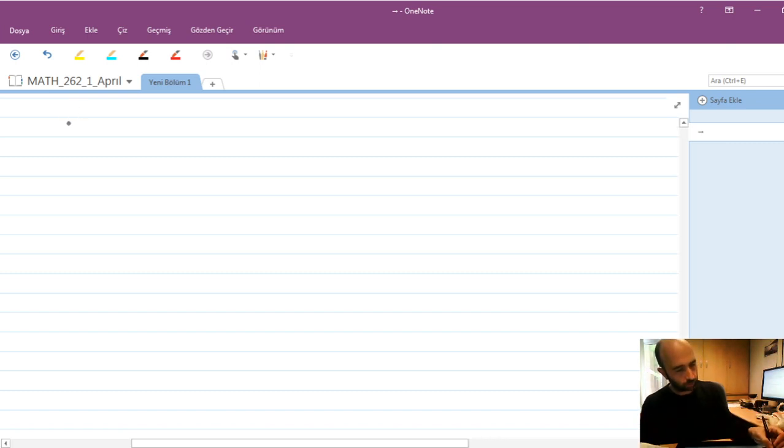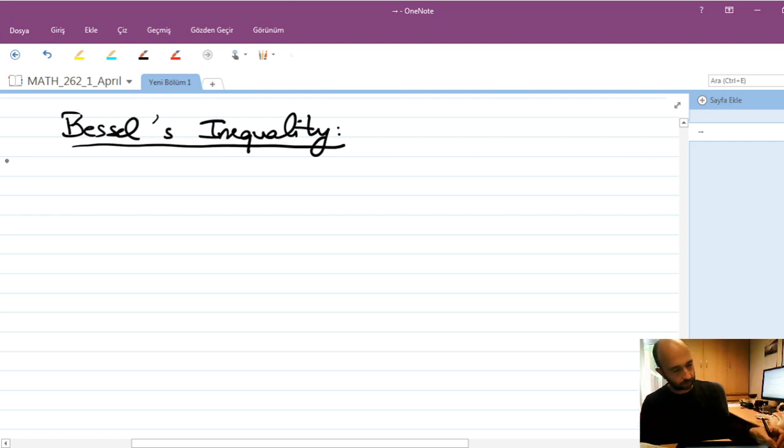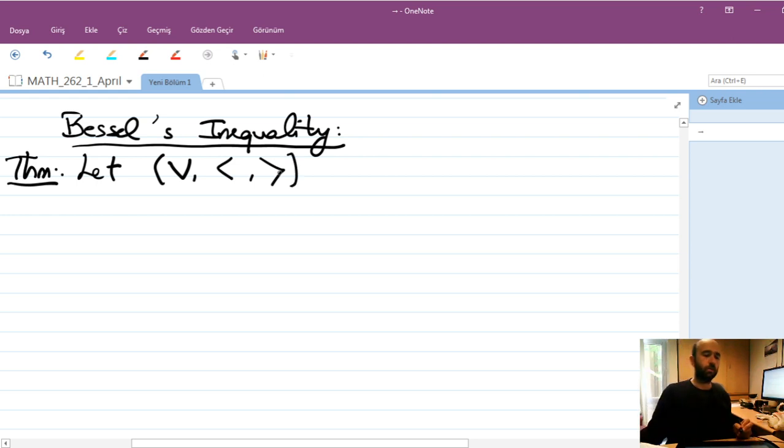Okay, now one topic which I sort of skipped in the notes is Bessel's inequality. It's kind of an important theorem, actually. So the setup is you have V together with an inner product.